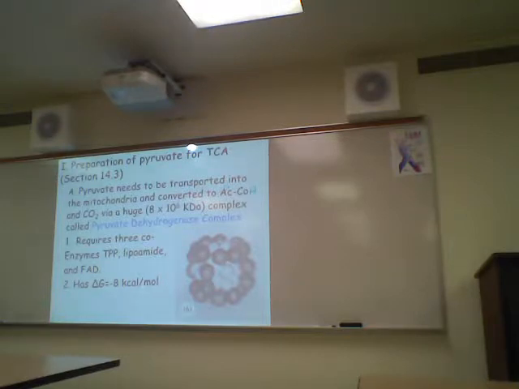So you knew somewhere along the way we were going to need a FAD or an NADH. How did we know? What up there gave us a clue? So mitochondria? Is there lots of NADH in the mitochondria? There is.